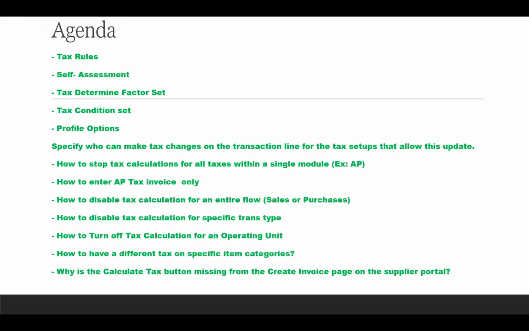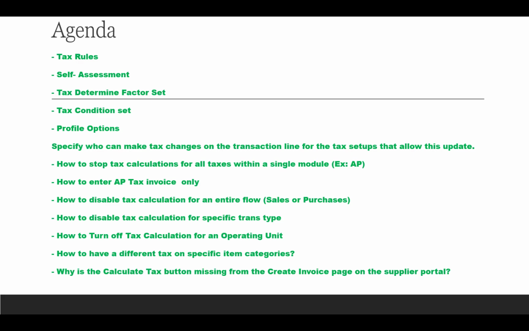In this video I will talk about a lot of things. First of all, we will talk about tax rules, self-assessment like reverse charge mechanism or RCM. We will talk about tax determination factor sets, tax condition sets, and profile options.